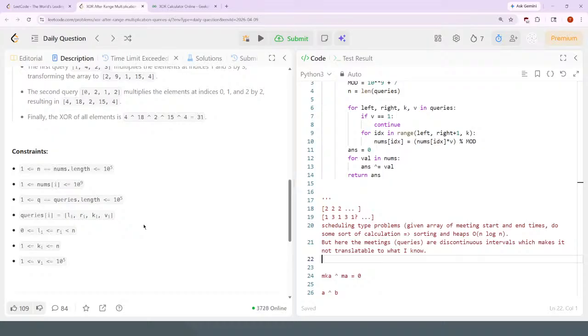Each query would need to be done n times. Yeah, I think that's O of n squared, maybe O of n squared log n. I need to do each query once or log n times. Can't do it n times.